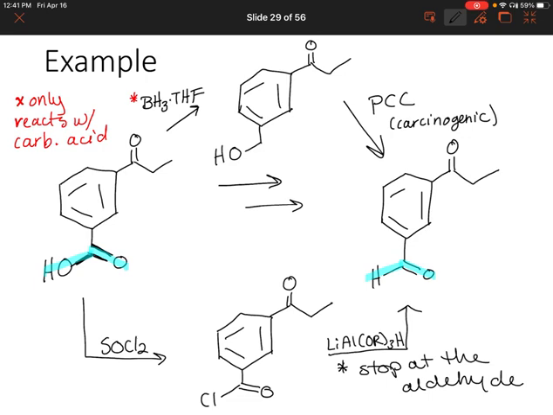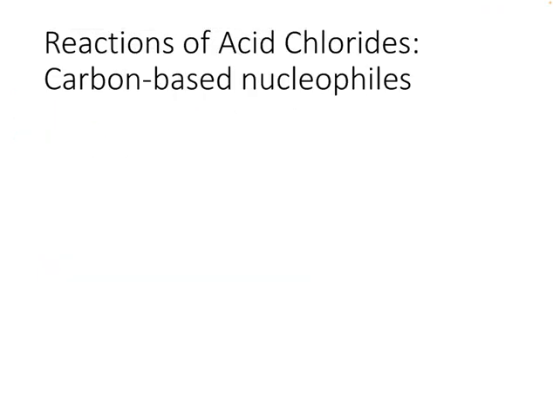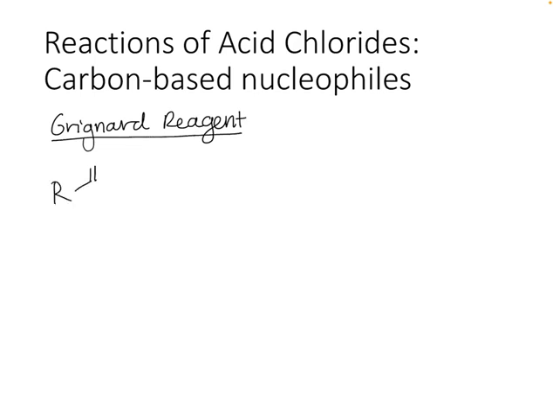Okay, so now the last set of reactions we're going to look at involve carbon-based nucleophiles. So remember, one of our favorite carbon-based nucleophiles is the Grignard reagent. And we can definitely use that to turn our acid halide into an alcohol. So let's say we're using a Grignard reagent with a methyl group attached.